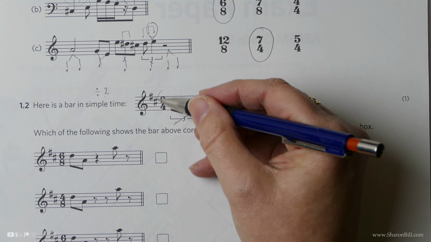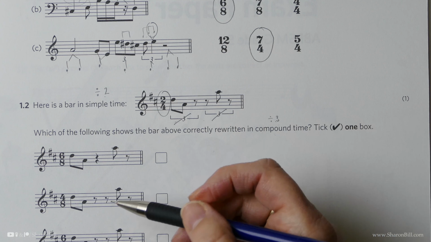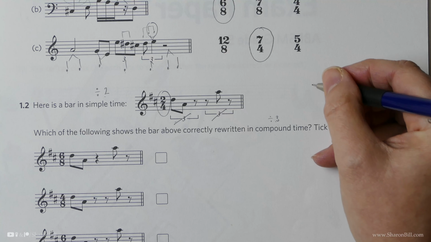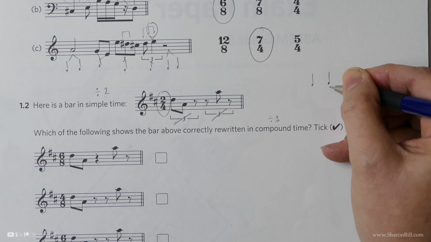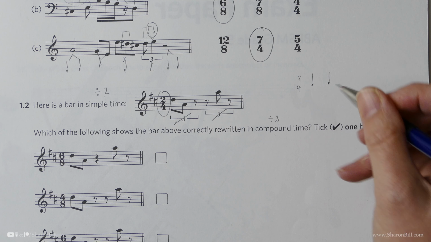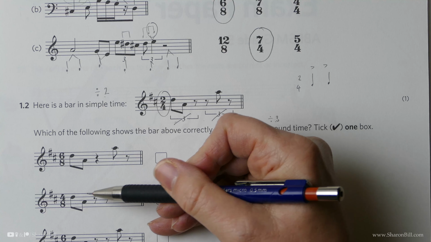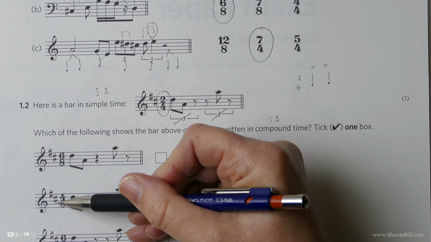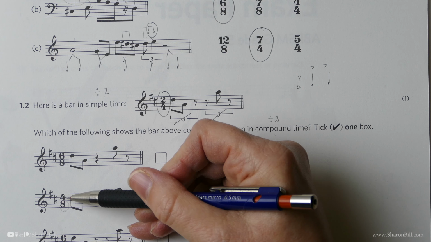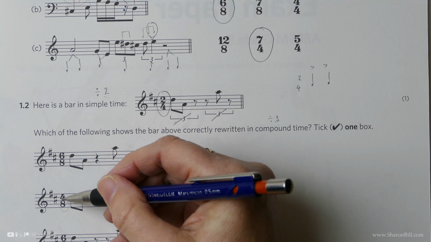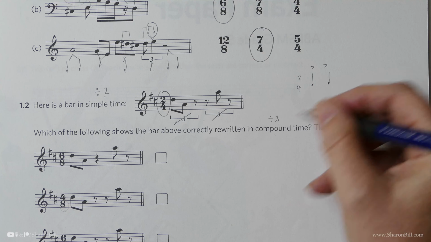However, now we need to think about the time signature. So 2/4 is duple time, and we're looking for 2 beats per bar. See, this one won't do because that's still in simple time. 4/8 is simple time, and it's not 2 beats in a bar.